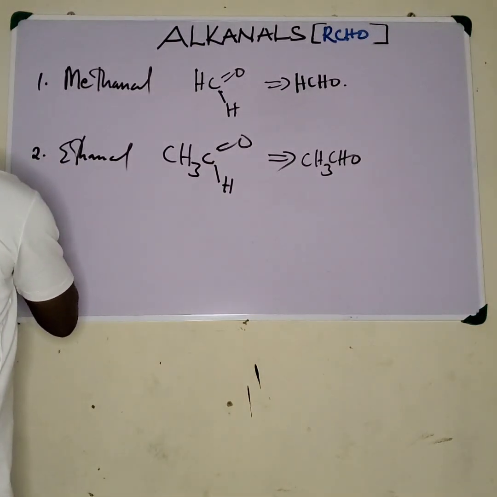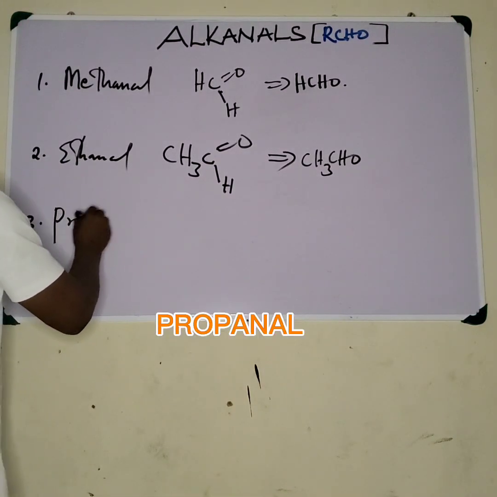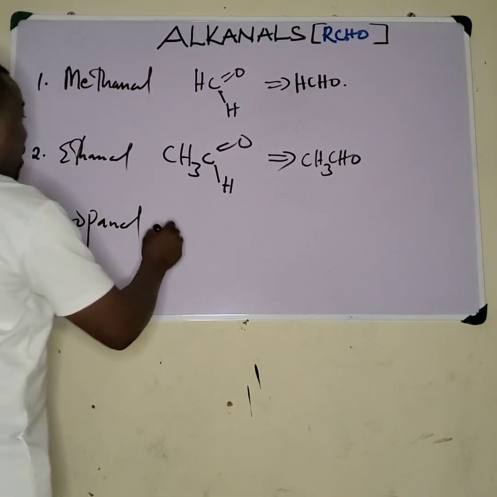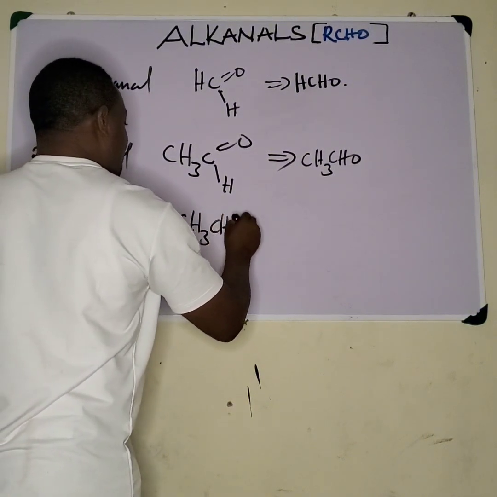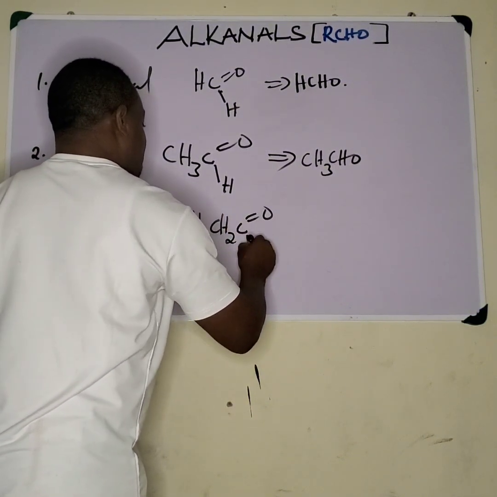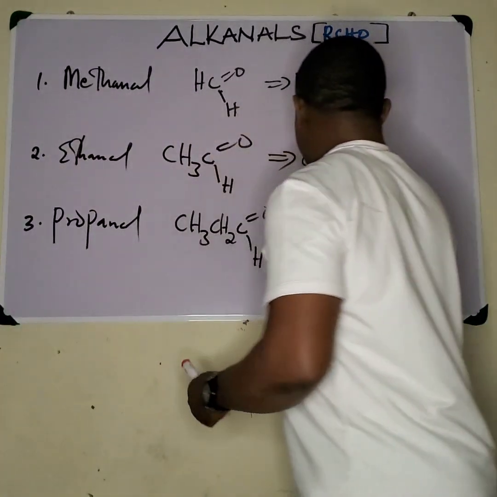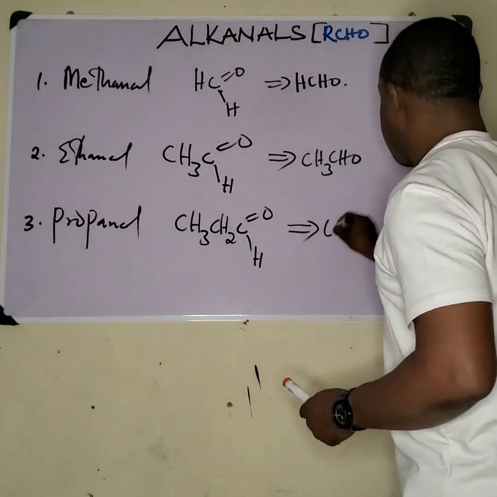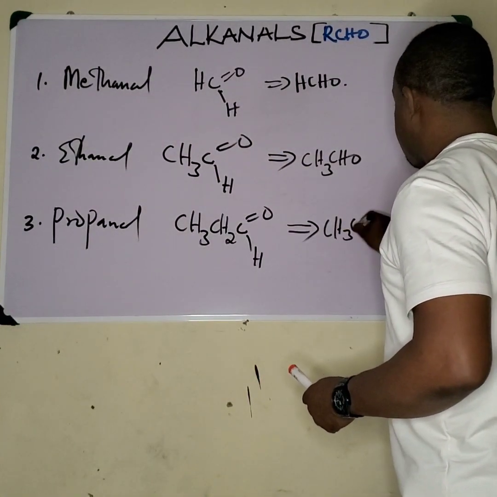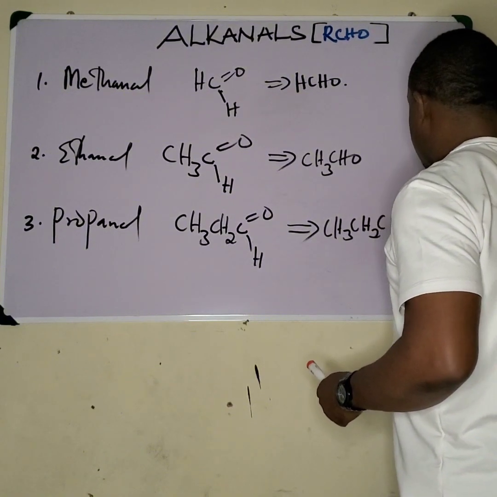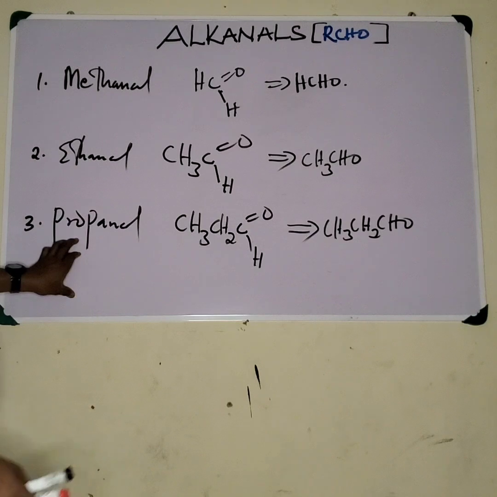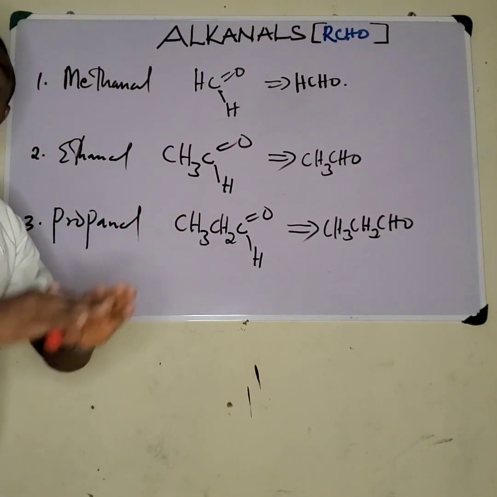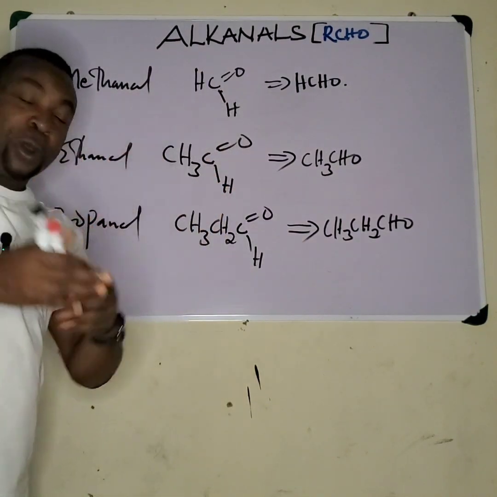The third one we have is propanal. In propanal, we have CH3, CH2, and the C carbonyl functional group with H. So what we have here is CH3CH2CHO. This one is known as propanal. Remember the common alkanals we know.